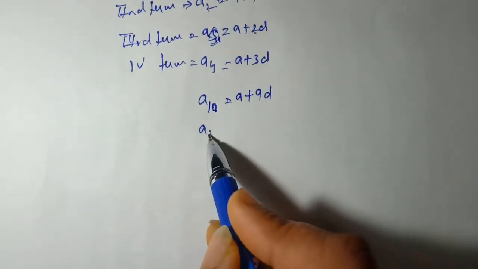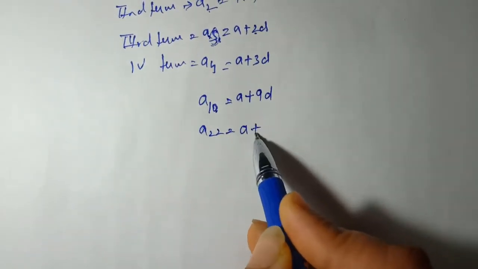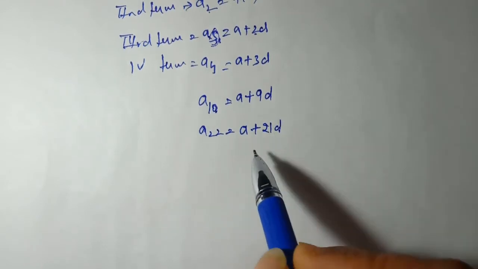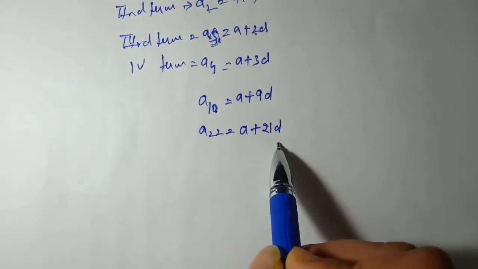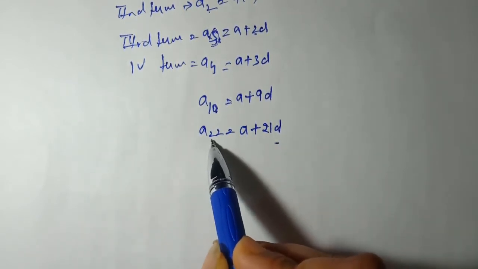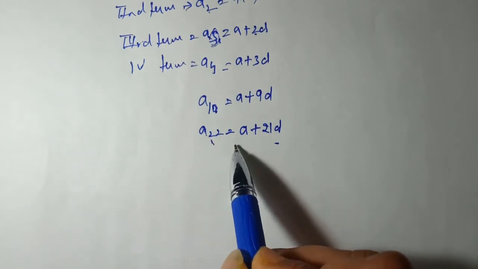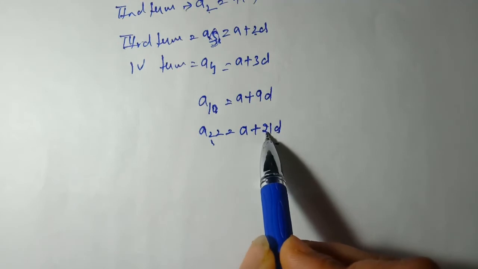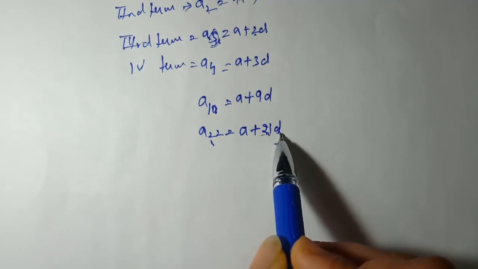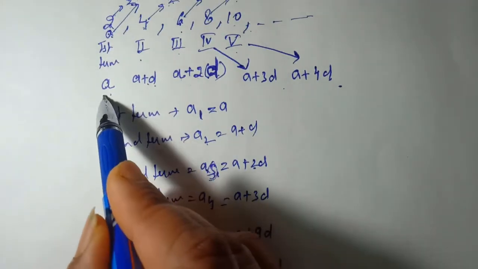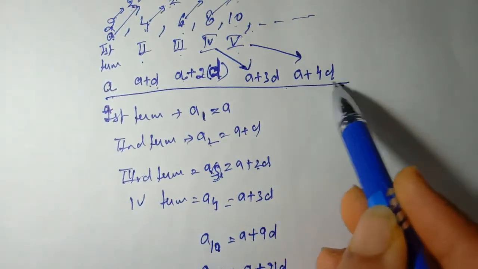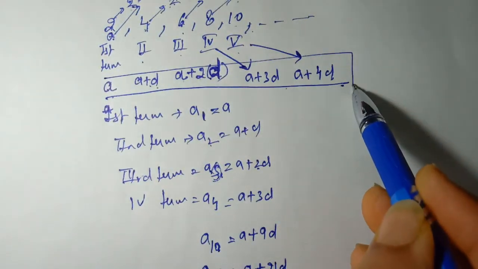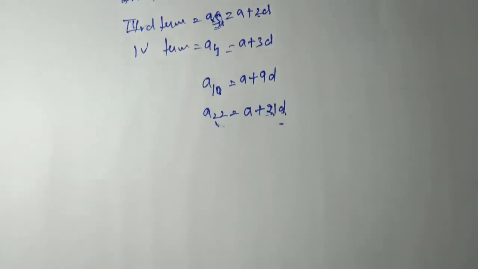If you have to find the 22nd term, then it will be A plus 21D. So this point you have to know: whenever you have to find any term, according to the general formula, you have to take one number less before the D, which is to be multiplied. So this is the general form: A, A plus D, A plus 2D, A plus 3D, A plus 4D. This is the general form of AP.